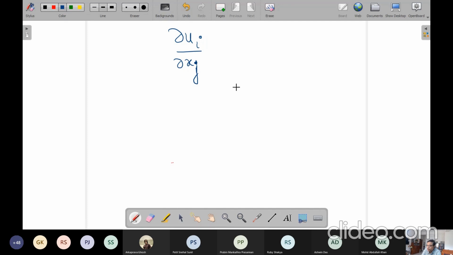The commonality in all these is that in every term of the expressions, you have something in the most generic form like this: some velocity component partially differentiated with some coordinate component. You put different values of i and j and add or subtract them, you will get expressions for all the kinematic parameters related to motion that we have talked about.